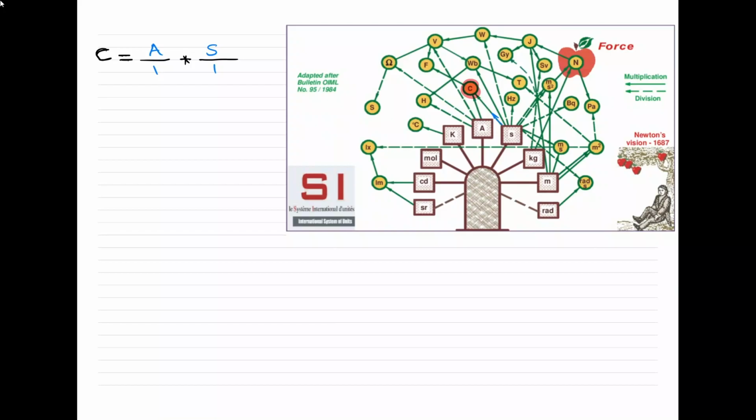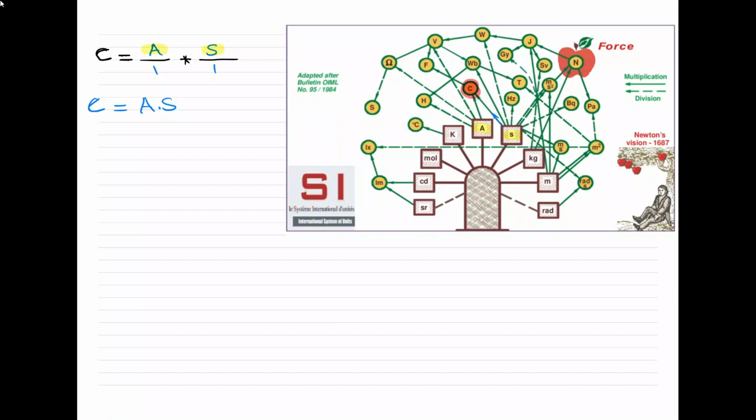So we can say that ampere is already base, okay? And second is already base. So the representation of the coulomb unit in its base unit form equals ampere second. Ampere second. This is the coulomb unit.